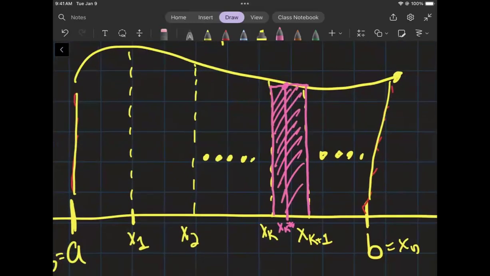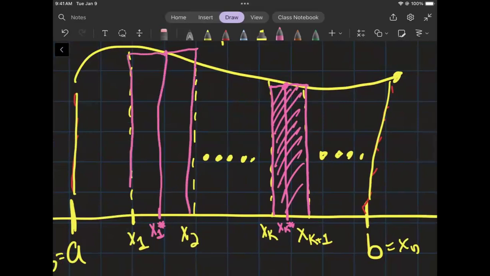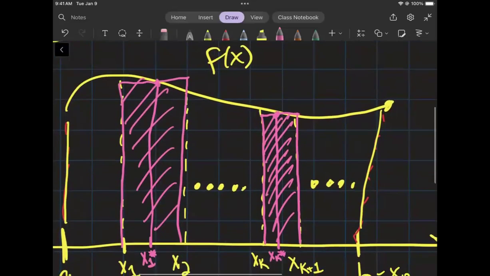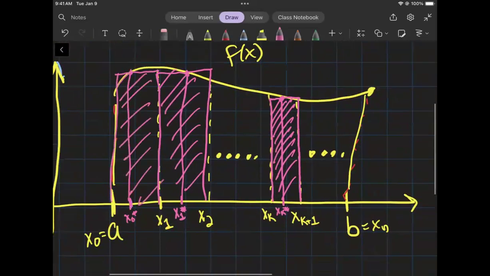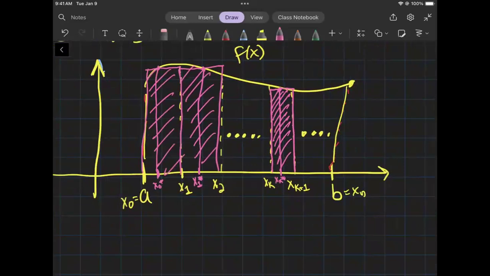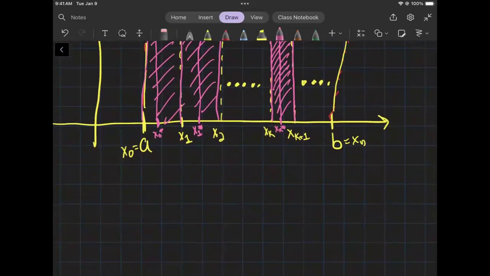And what you'll see is an approximation of this area by using rectangles, so we'll have another rectangle here. To approximate that area, we just add up the areas of those rectangles, so the area would be just a sum.